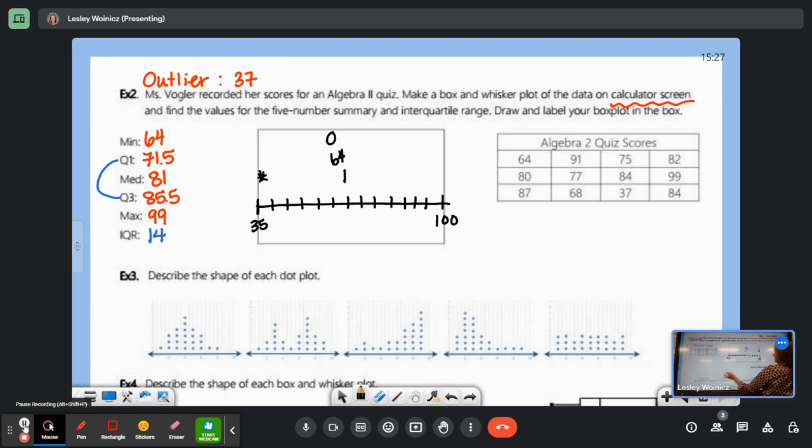Oh my gosh. Okay, I also have a quartile 1 of 71.5. So 65, 70, 71.5.